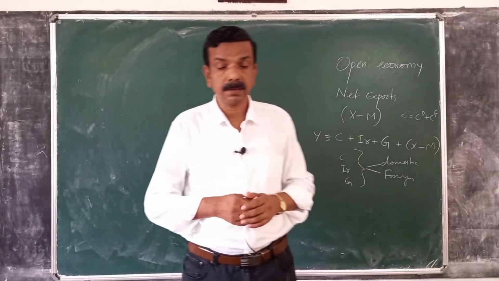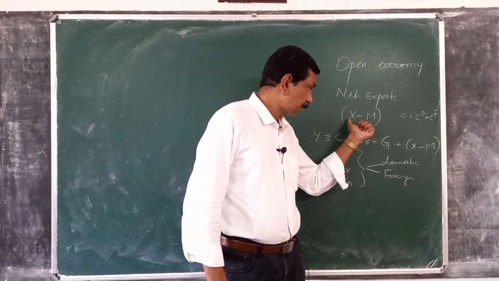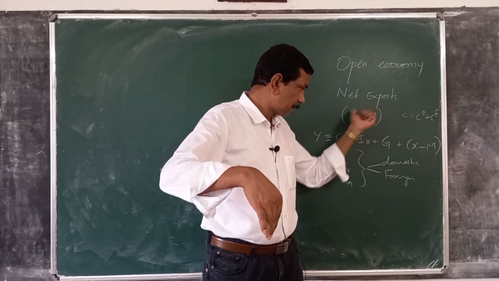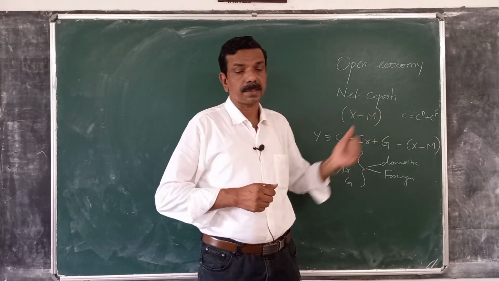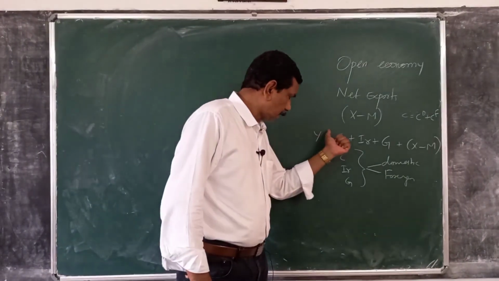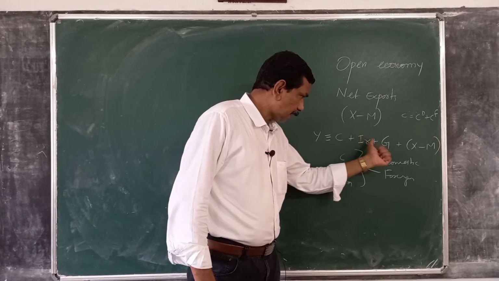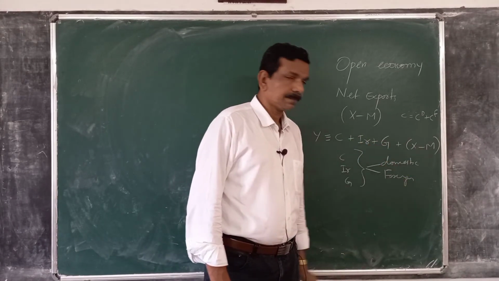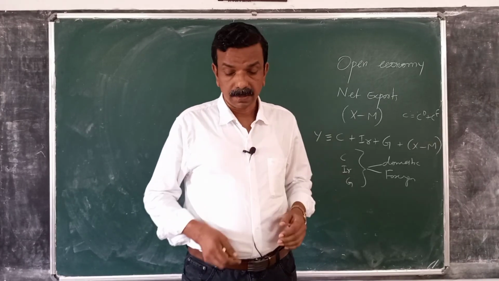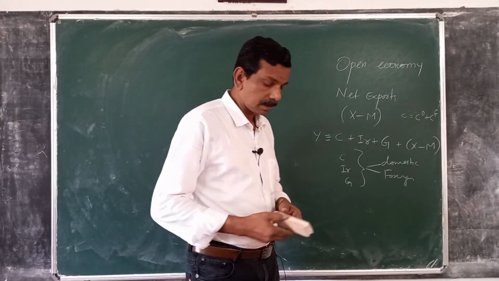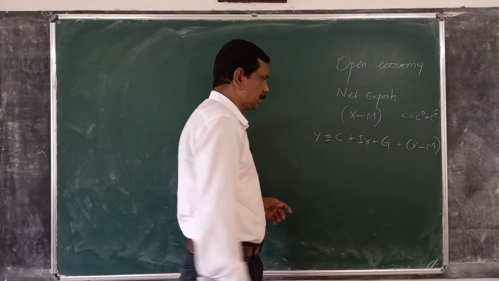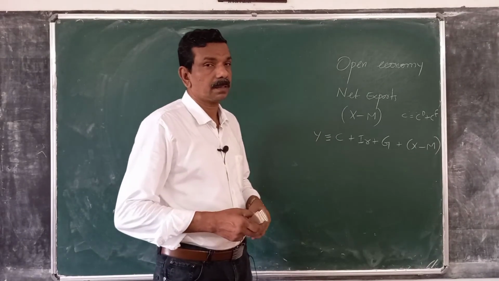So expenditure by the rest of the world is added, expenditure by the domestic sectors is subtracted, so that we have Y as identically equal to C plus IR plus G plus X minus M, where X minus M is known as net exports rather than gross exports.